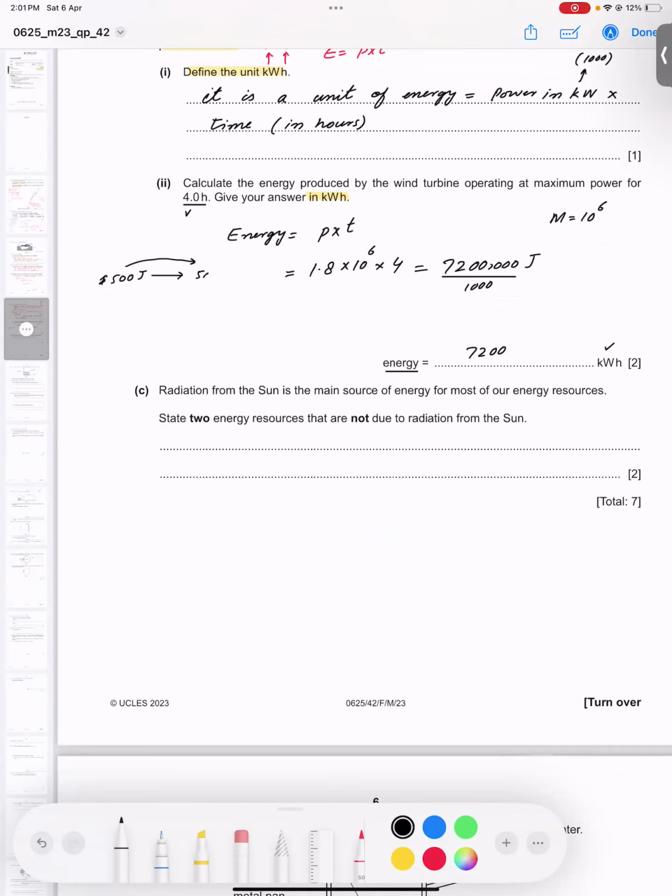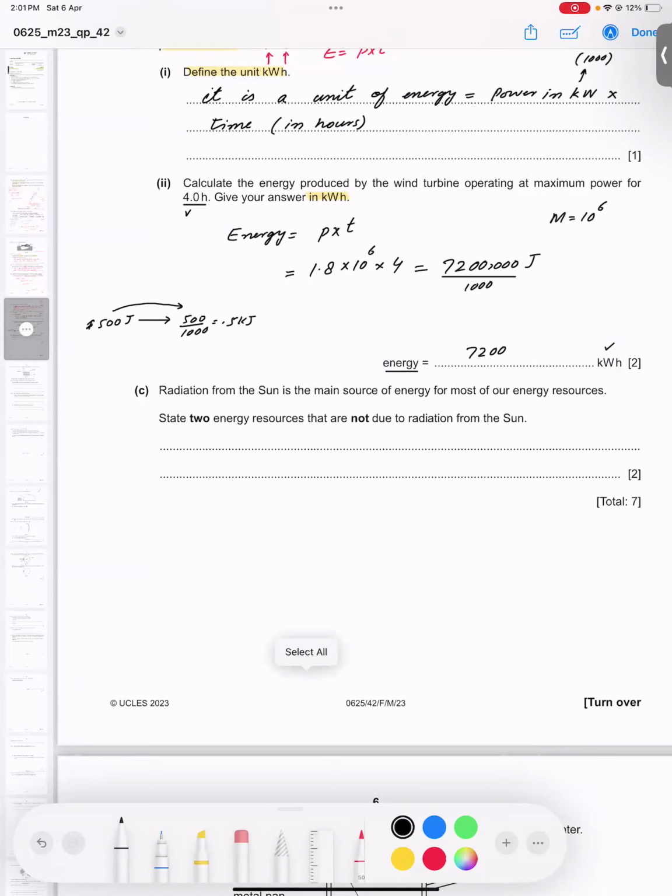So you divide by 1000 and then you get the answer in kilo, like kilojoule. That's the reason I did this, because watt is a smaller unit and I want to write the bigger unit. So I divide by 1000 and my answer is now in kilowatt hour.